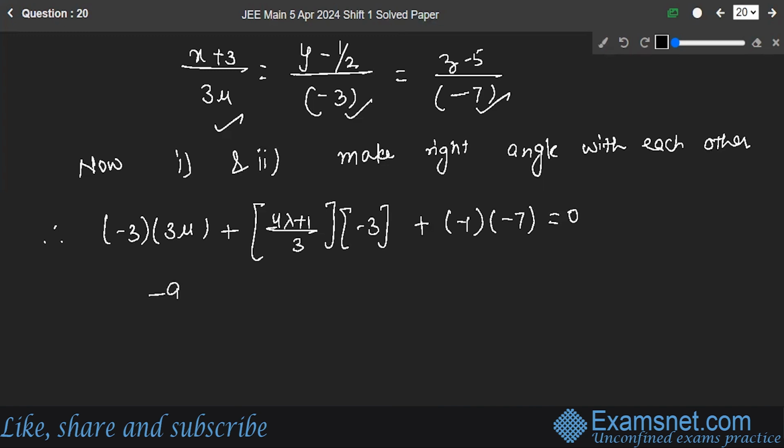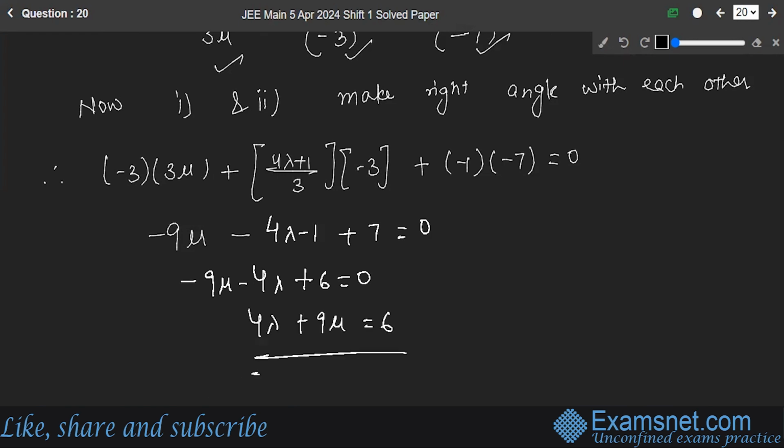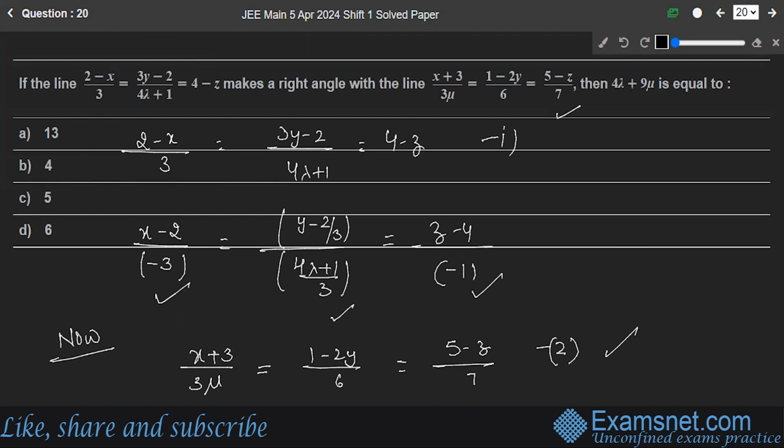This gives me minus 9 mu, no, not this, this will be minus 4 lambda minus 1 plus 7 is equal to 0. Or you have minus 9 mu minus 4 lambda plus 6 is equal to 0. This is what we needed to find, 4 lambda plus 9 mu. This is equal to 6. This is the answer to the question, option D.